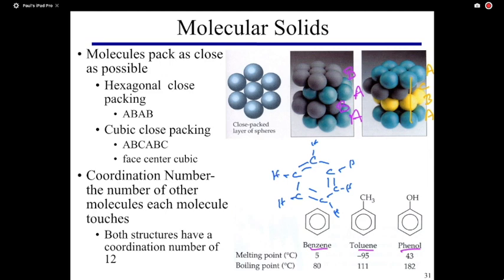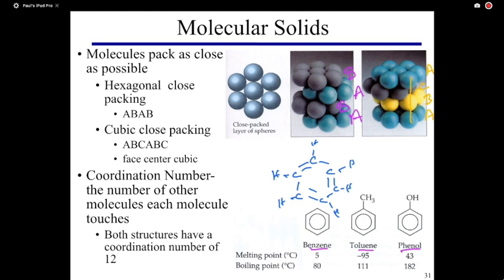So benzene, what types of intermolecular forces can it have? Can it have an ion dipole? Yes or no? No, there's no ion. Can it have a dipole-dipole? Yes or no? Is there an electronegativity difference between carbon bound to carbon?